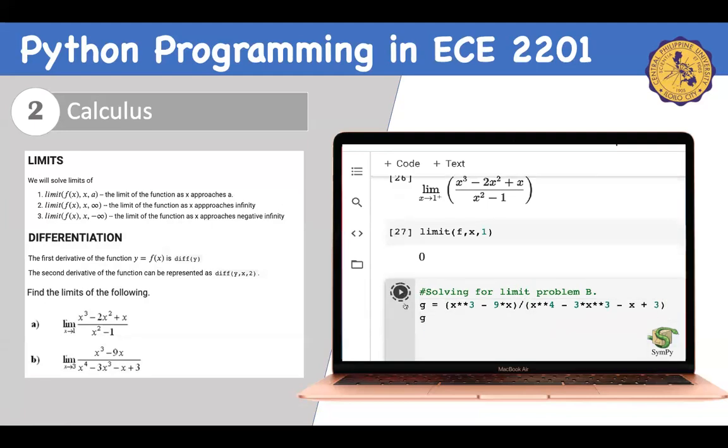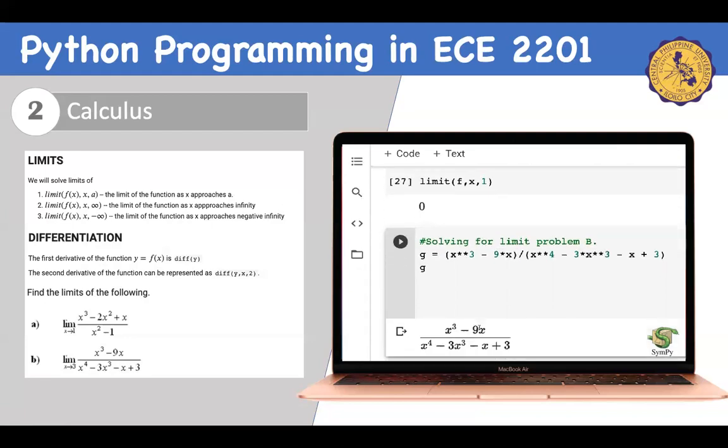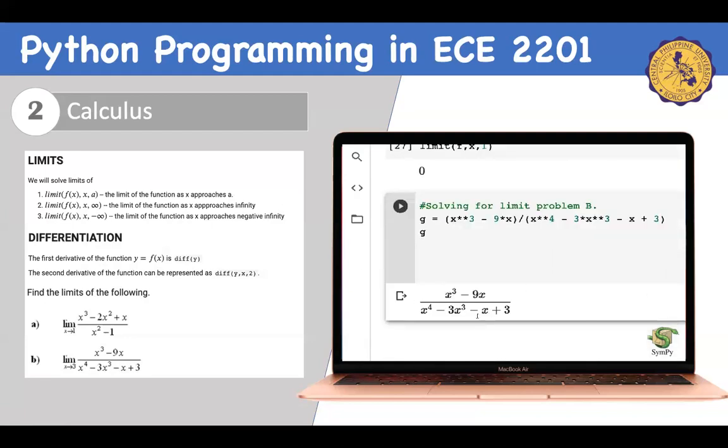Now let's display first the function of x, the g of x. So this is my g of x. And then I will use Limit to display the limit of your function g when x approaches, let's say, 3.